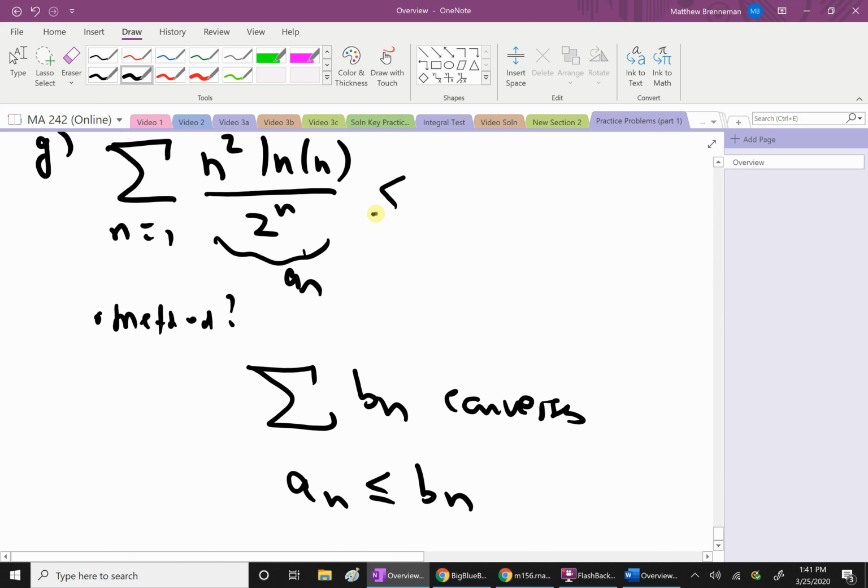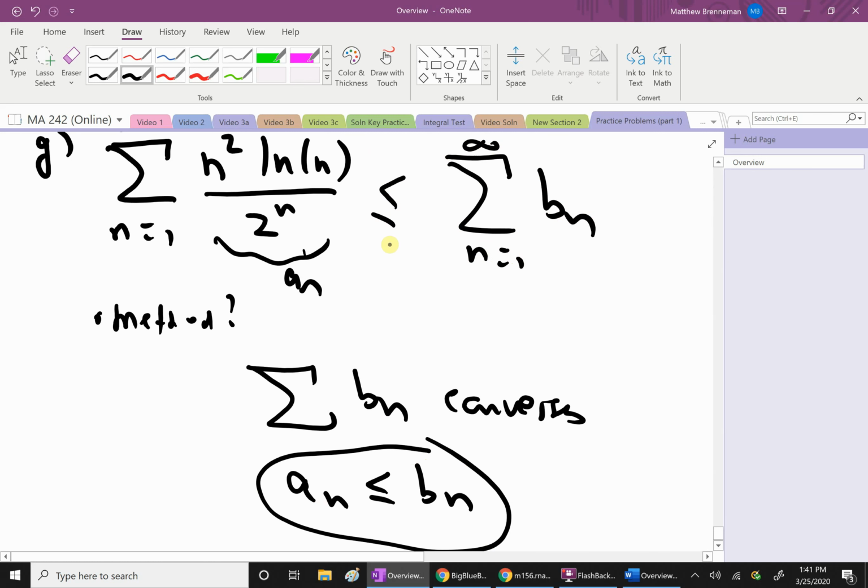If I could bound this series from above by another series, and I could prove that this series converges. If this is true for every n, then it's true for the infinite series when I sum up all of the n's. Everybody agrees? And if this guy converges, it's bounded above.